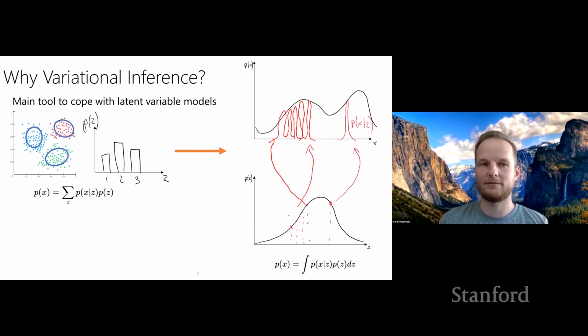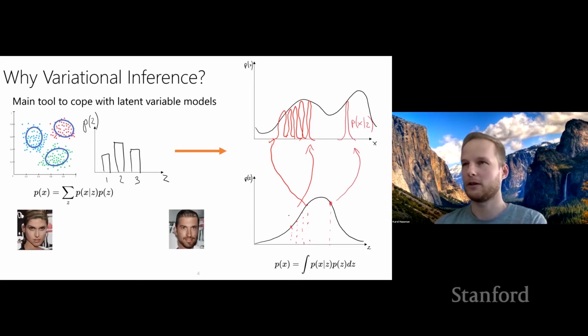All right, so going back to why this is useful. Well, I think you've heard about the variational autoencoder. So the variational autoencoder is one use case for this, where we can have our data, for example, images, and we want to discover some kind of latent structure in the data.